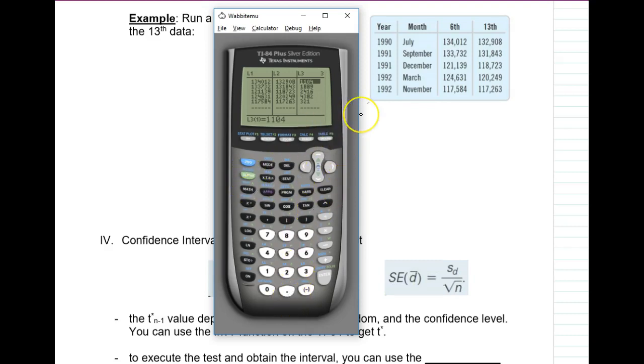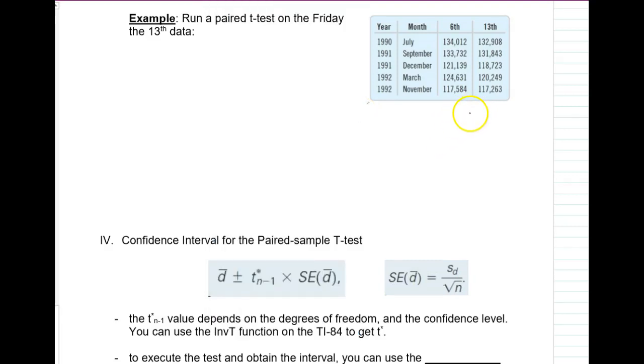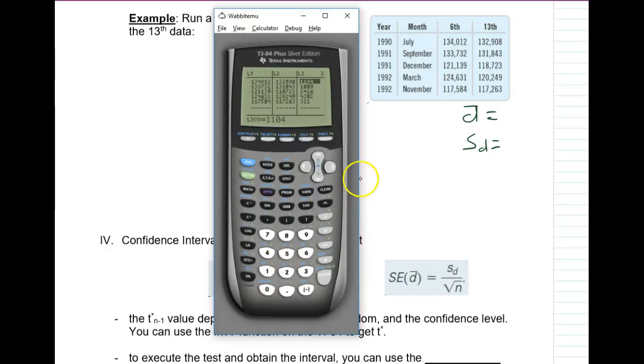And now what I need for this test is the average difference, and I need the standard deviation of the differences. So does anybody know how we're going to get that? Well, what we're going to do is run one bar stat on L3, and that's going to get us what we need. So I'm going to do stat, calc, one bar stat.